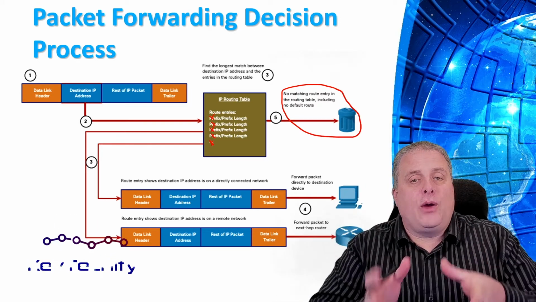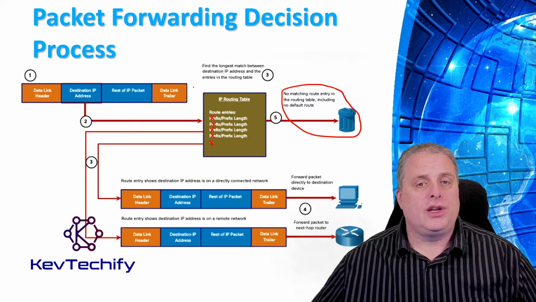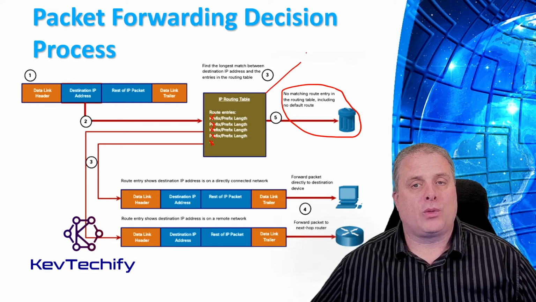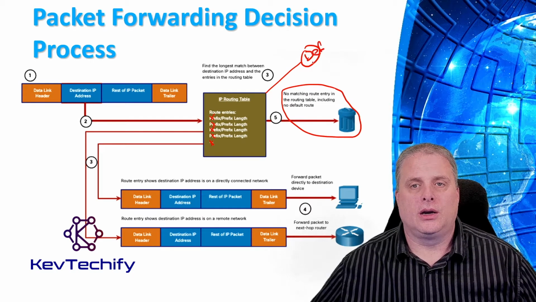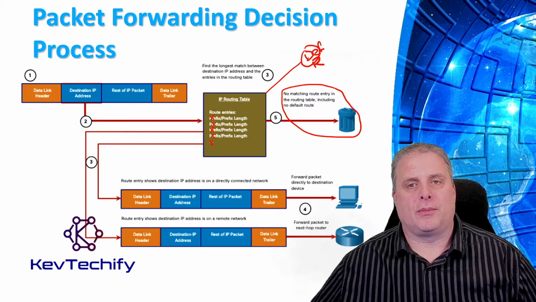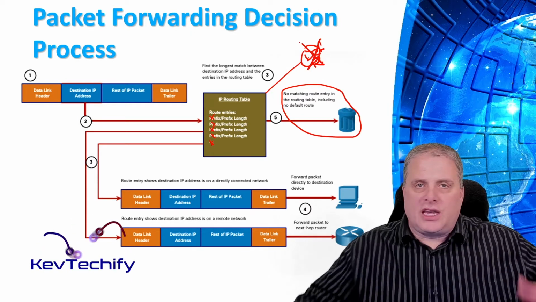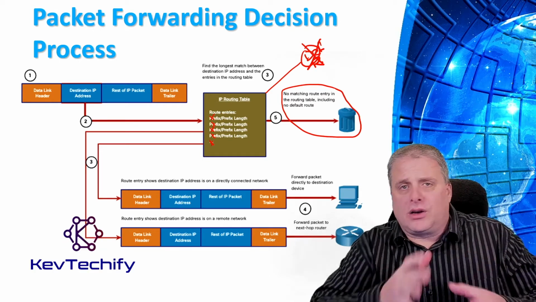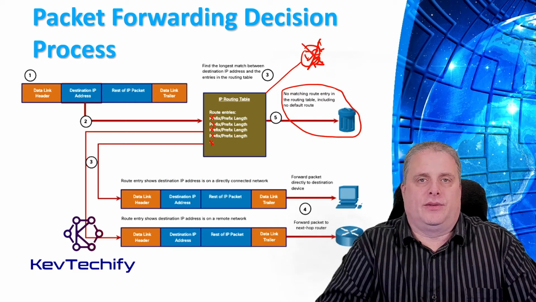If we had a gateway of last resort, that default route set, then we would forward it to that router. But if we don't have that defined, we don't know where to send it. And instead of cluttering up our RAM and our processor, we just drop it.